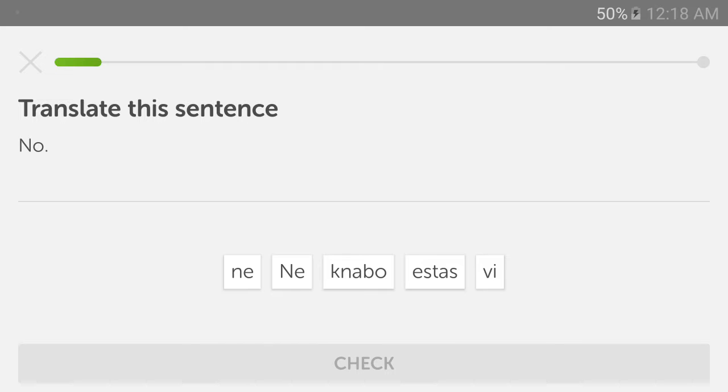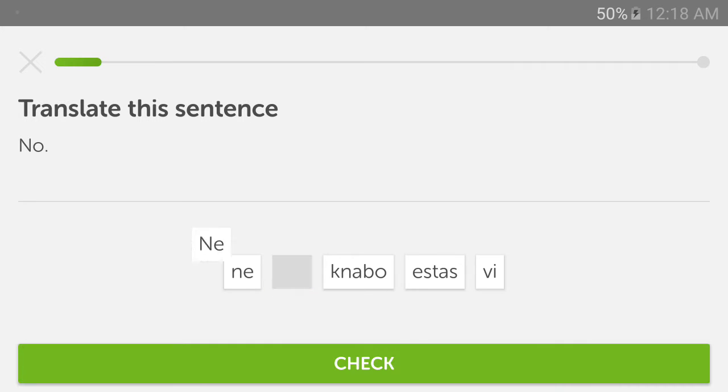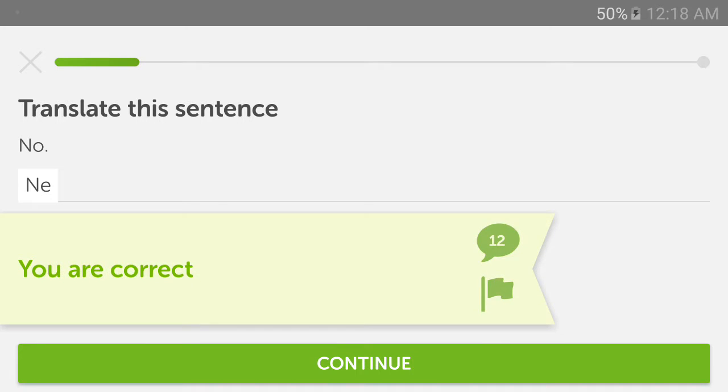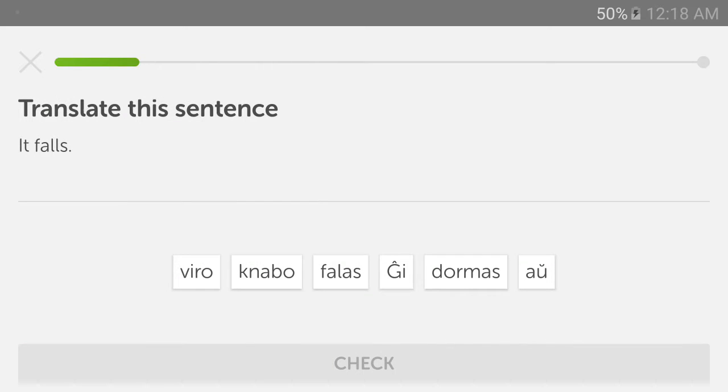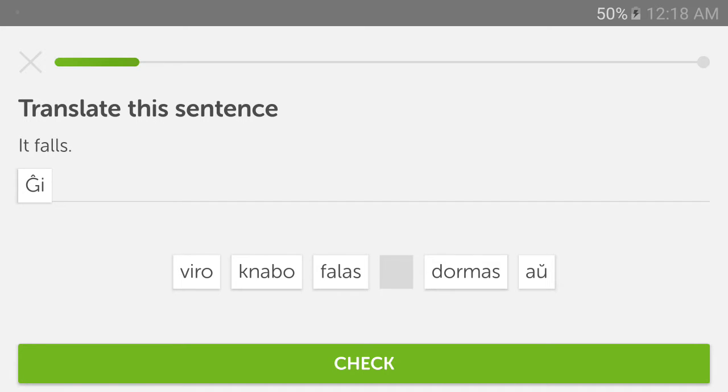Translate the sentence. No. In Esperanto, you say no as ne. It falls. It is ĝ in Esperanto. This letter ĝ with the circumflex tells you to say it with the J sound versus the G. So it's ĝi falas. You can tell on verbs that end the infinitive form of a verb for fall, for instance, would be falli, F-A-L-I.